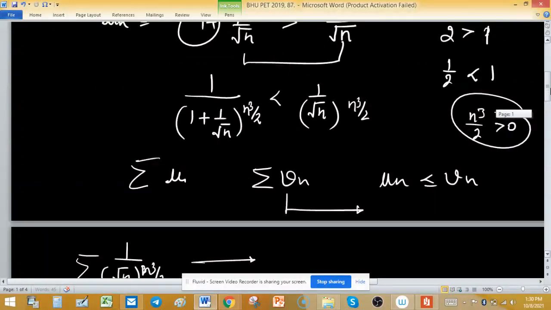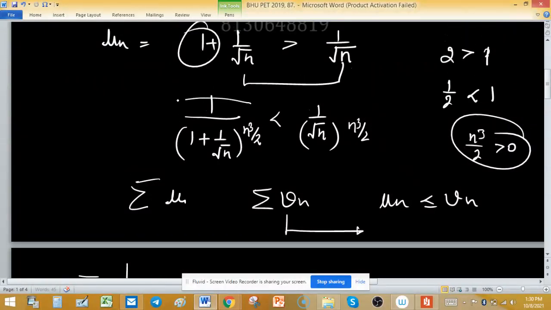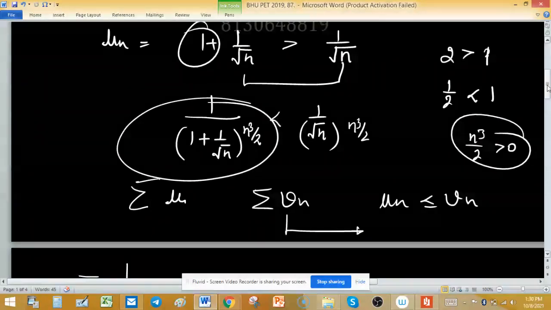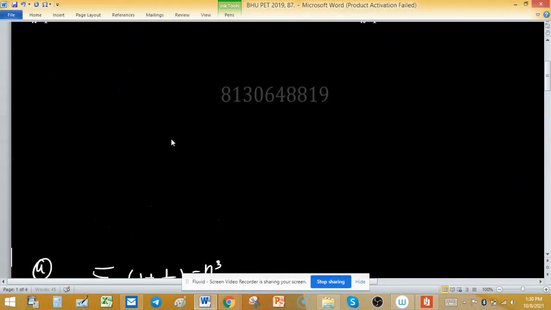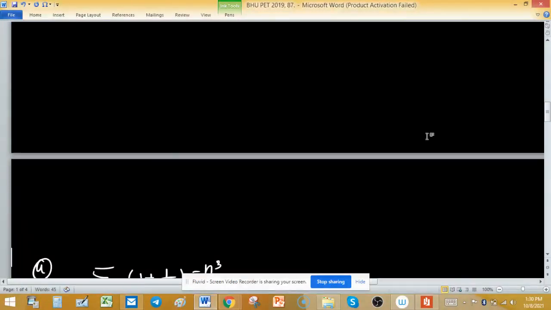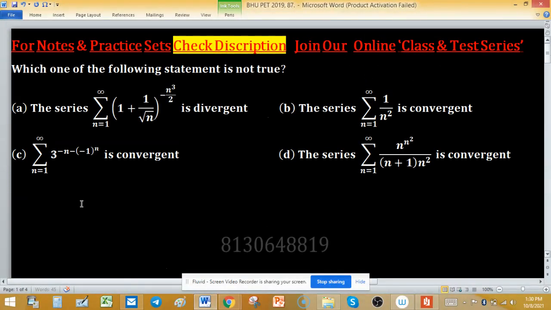If this one is convergent, then I can say this one is convergent, as you can see. So in option A, the comparison series is convergent, but the given series is stated as divergent. So option A is not true.